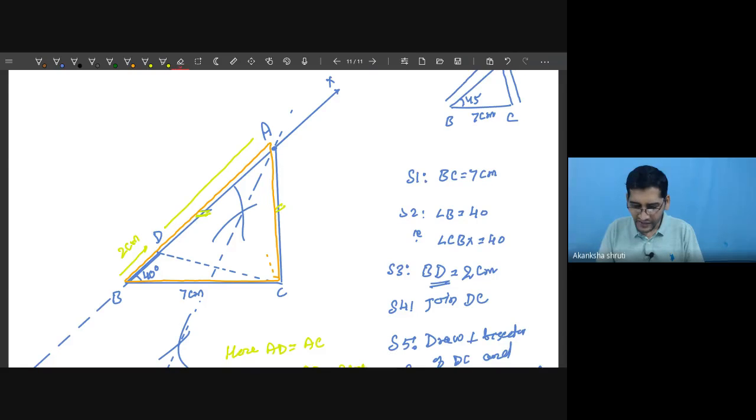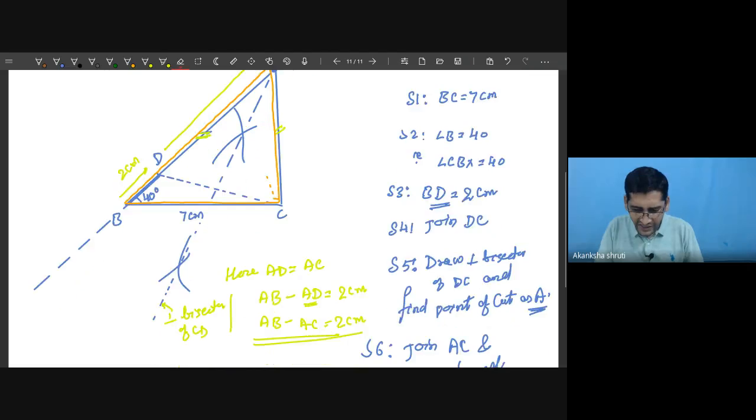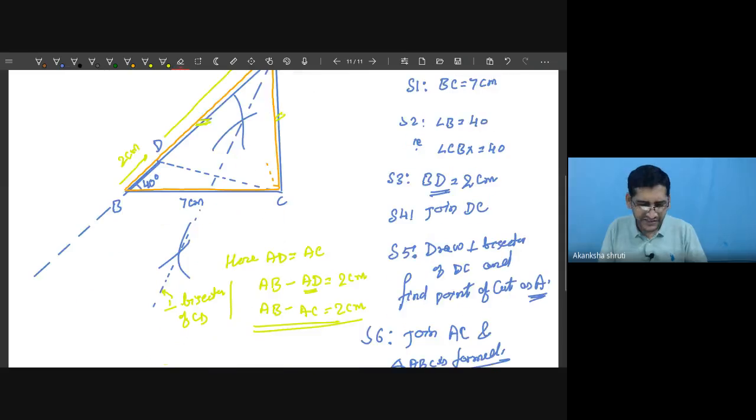At that point you have to join the, see, if your AC is bigger than AB, in that condition the point A will fall on the back side and your triangle will be on the back side.